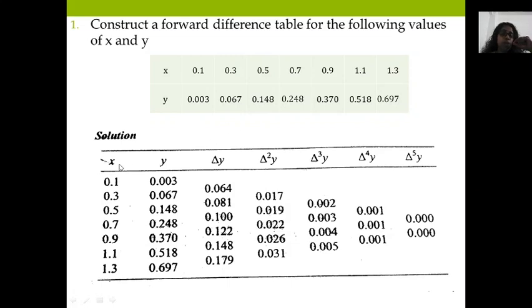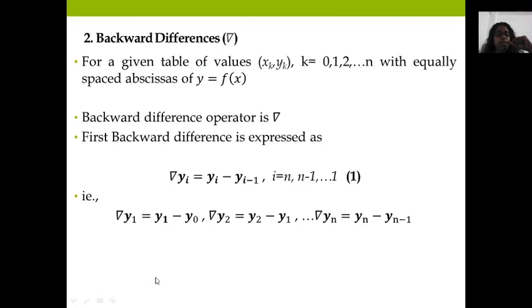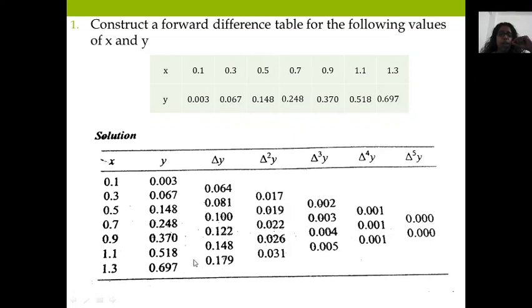First, the values of x are 0.1, 0.3, 0.5, 0.7, 0.9, 1.1 and 1.3. Then the corresponding values of y are noted down: 0.003, 0.067, 0.148, etc. up to 0.697.